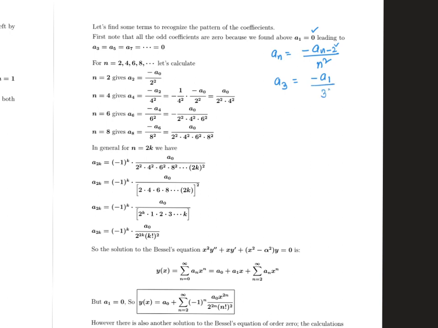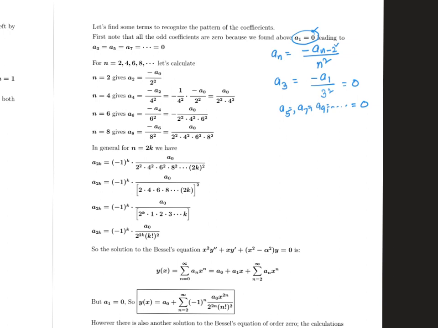Divided by 3 square. But we found a sub 1 to be 0. That means it's going to be just 0. Similarly, we will find a sub 5, a sub 7, a sub 9, all the odd subscripted coefficients to be 0. So that takes care of all the odd subscripted coefficients.